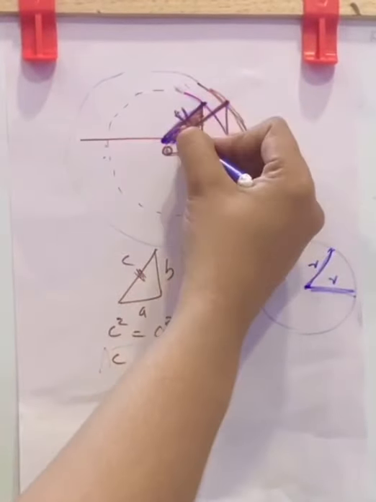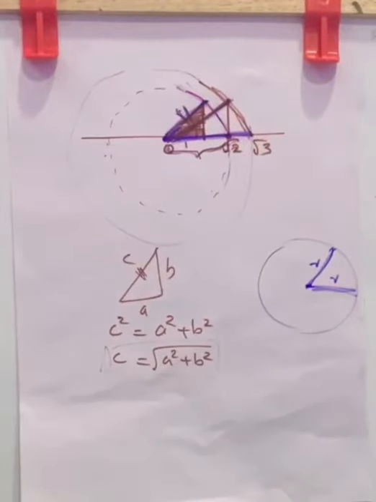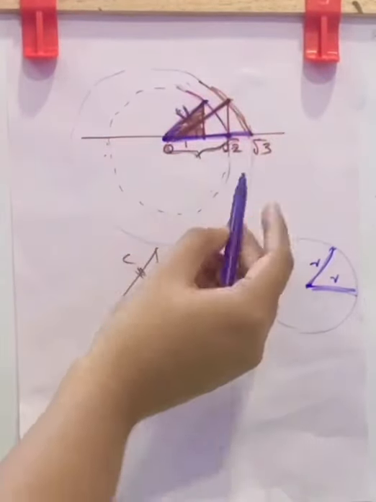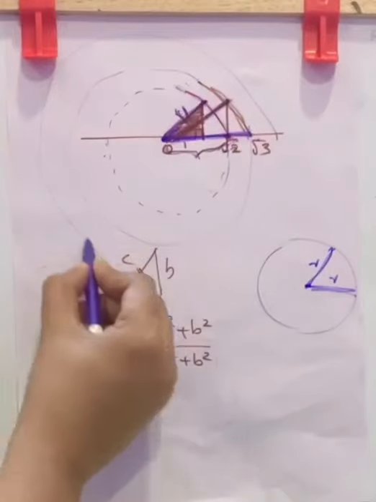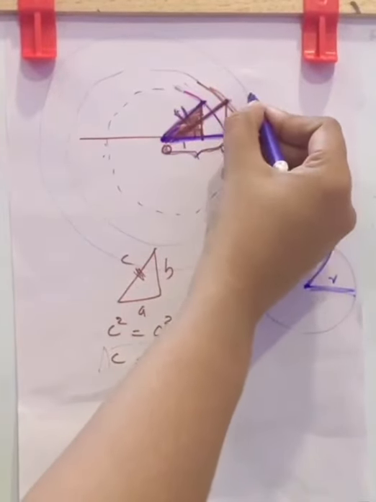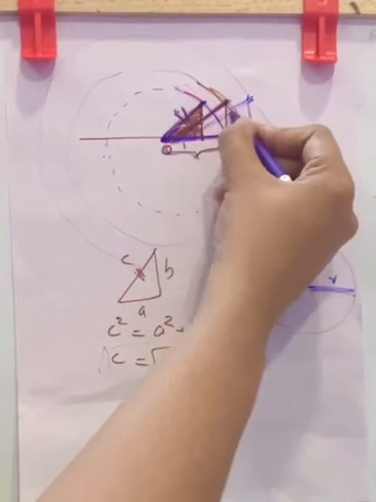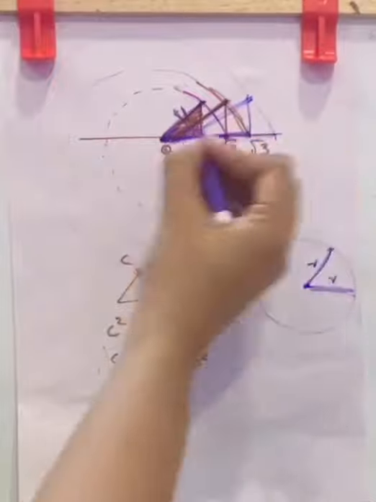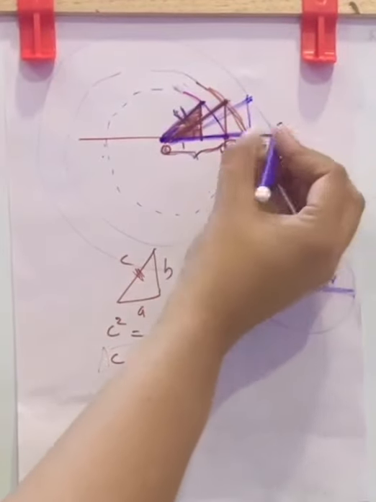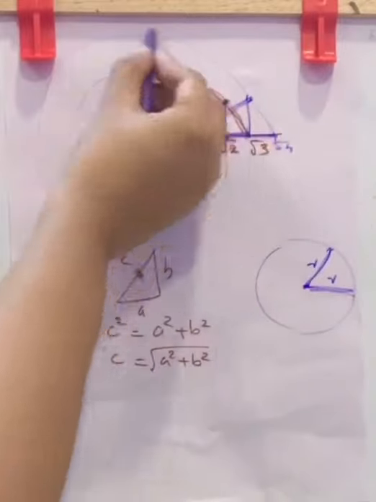So, this length will be equal to this. Both are radii of this bigger circle. Now, for root 4, there will be another bigger circle here. When we draw a perpendicular from here, we get a new radius, and this will be root 4, because this length and this length are radii of this bigger circle.